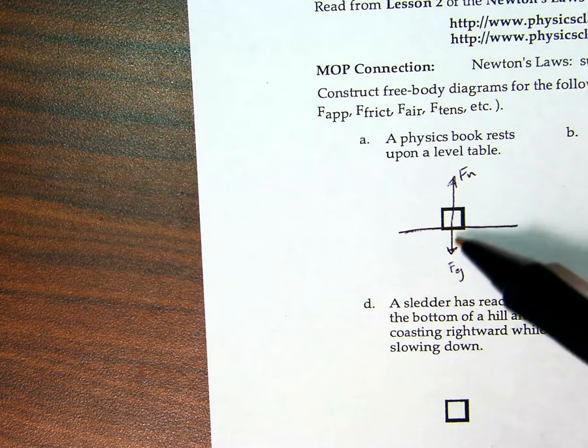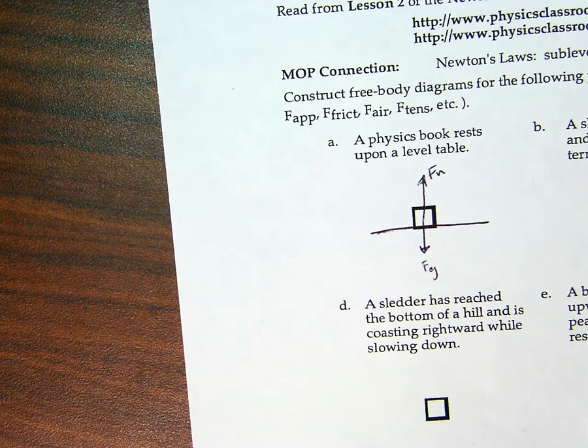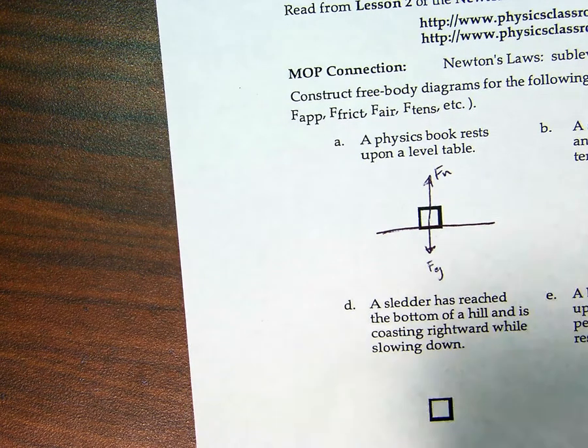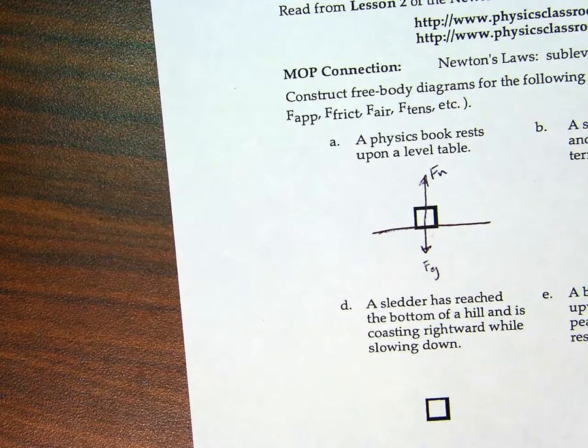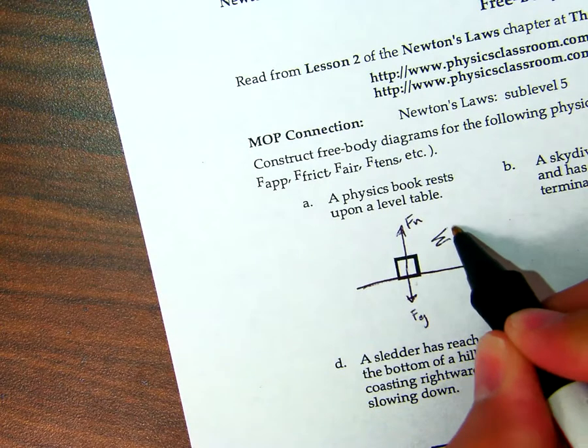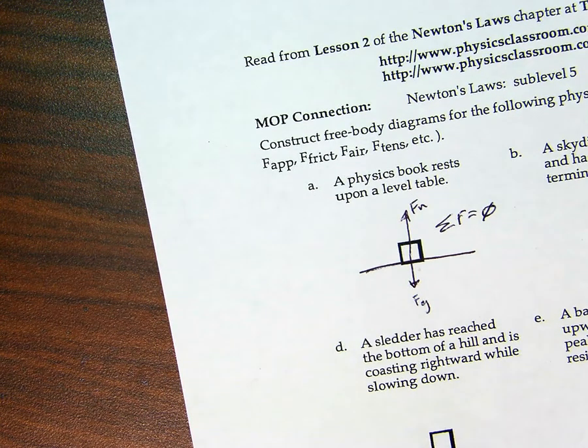So when we look at these, we could say that these two cancel out because we subtract the vectors whenever they are in opposition to each other. So they're opposite to each other, so we're going to subtract. And basically what we get is that the sum of all forces equals 0.